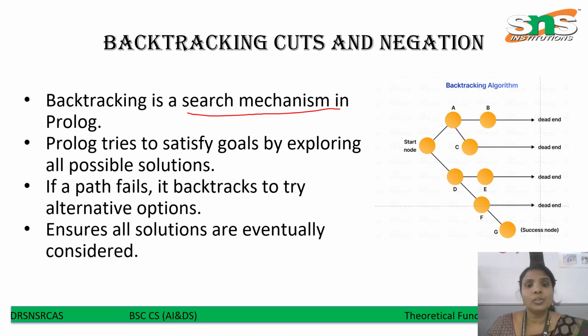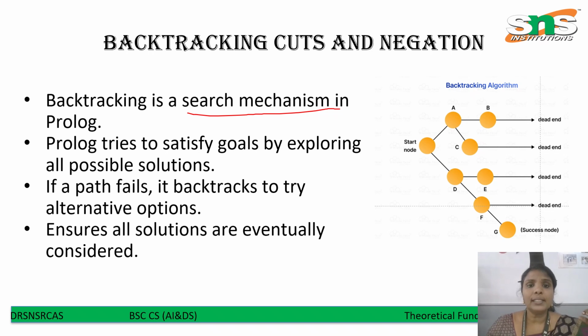Let's break it down step by step. To search for a solution, Prolog starts from the first goal, then tries to find a fact or rule in the knowledge base that matches it. It explores a path. If it finds a rule that might work, it follows the path and continues checking the next goal step by step.